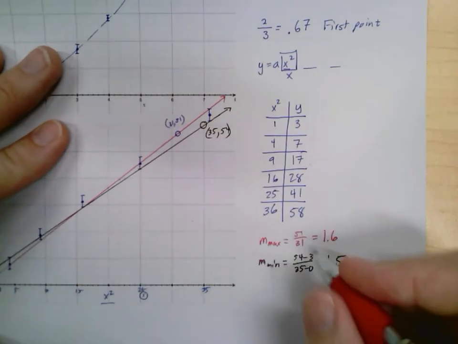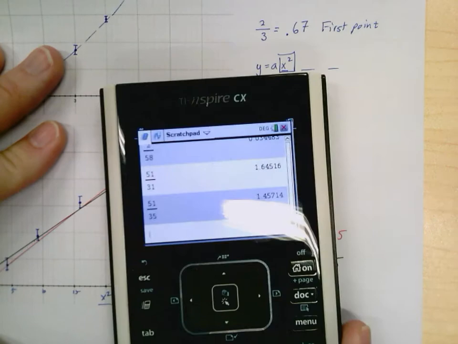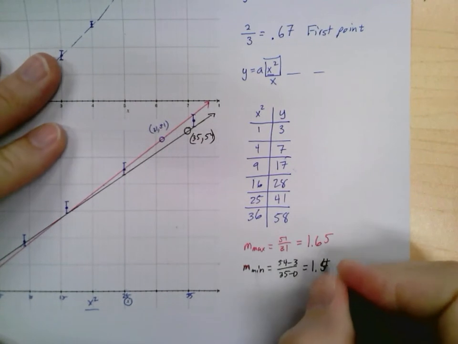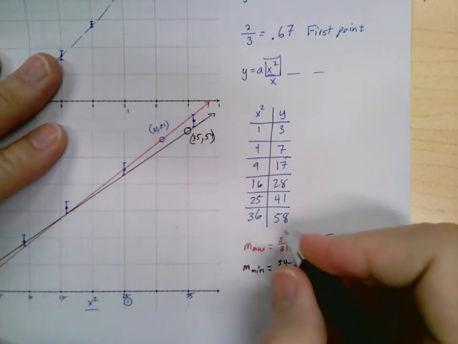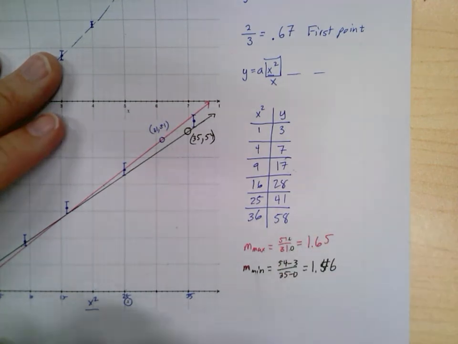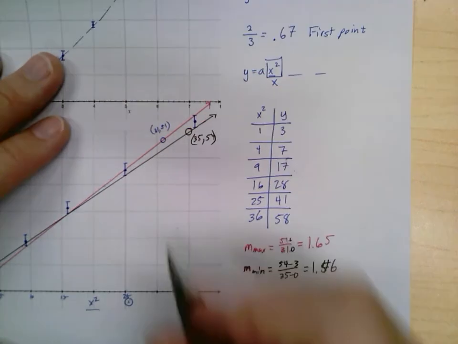So I'm going to change my 1.6 to 1.65 and my 1.5 to 1.46. Okay? And this all depends on how certain you are. So this is, again, saying that I believe that this is 51.0, 31.0, because I'm picking points where it goes right through the grid lines there.